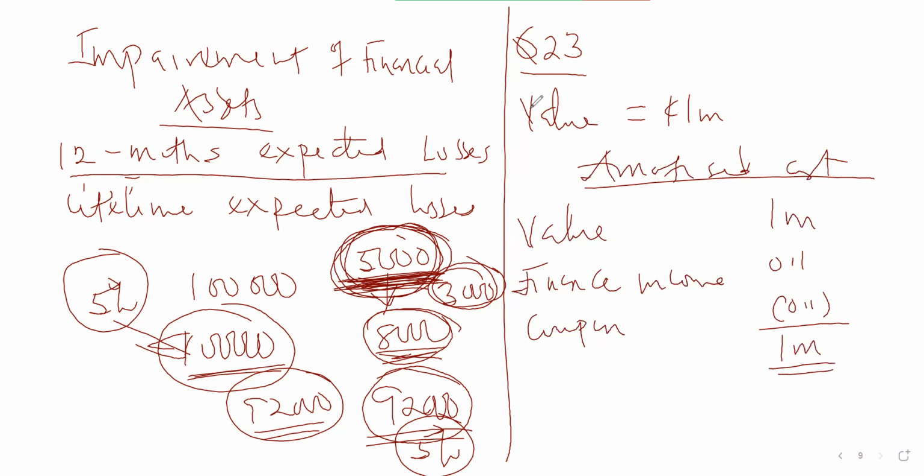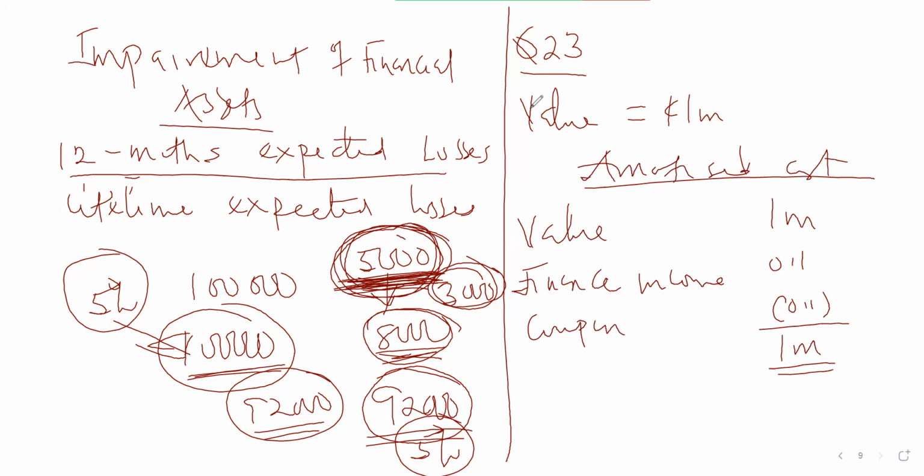When are they making the estimate that only 50% of this amount will be received? 31st December 20X1. How many years are left on the bond? The bond will be redeemed on what date? 31st December 20X3.